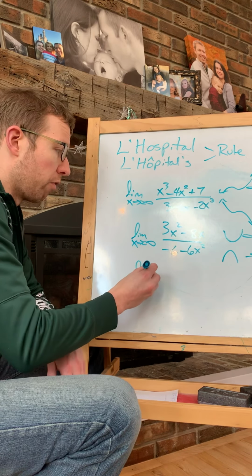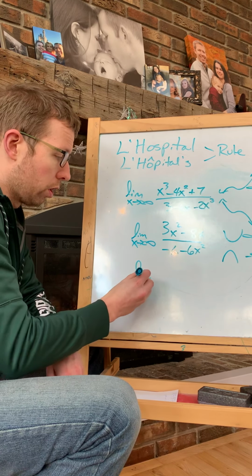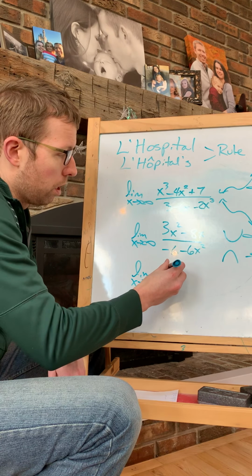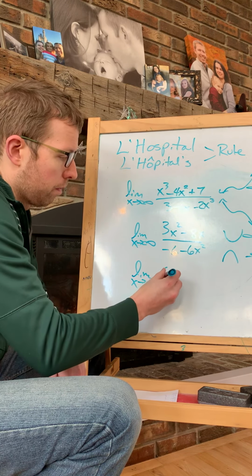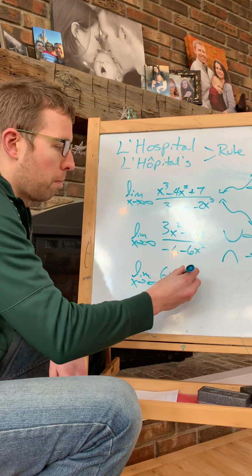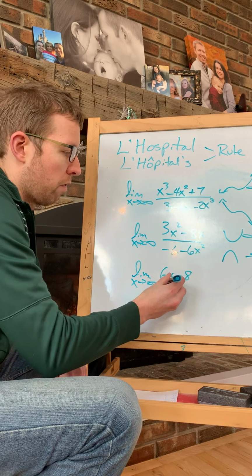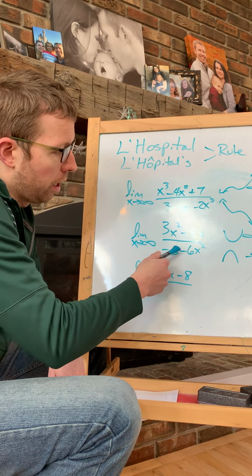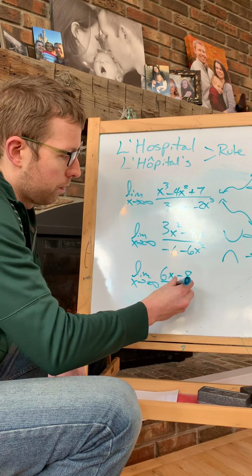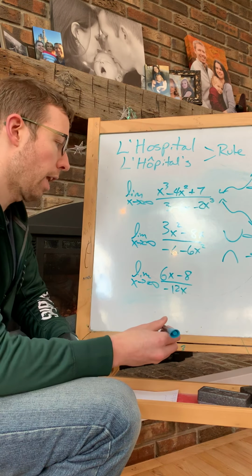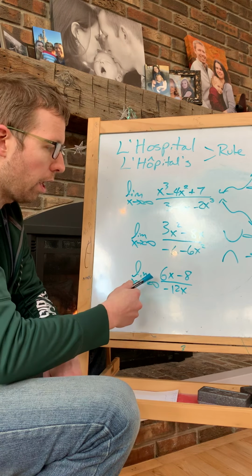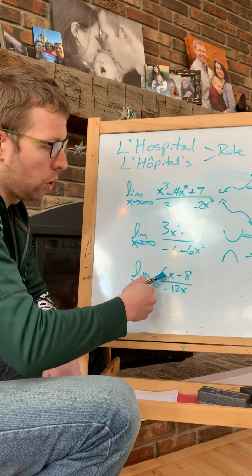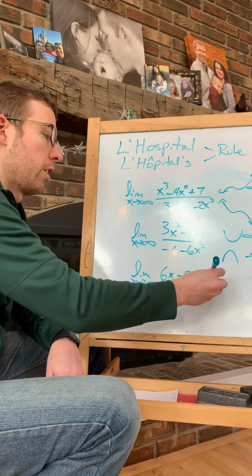The limit of this thing should equal, this is going to be 6x to the first power minus 8 divided by, down in the denominator, we're going to have negative 12x, like that. Now, if I plug in infinity into this thing, this would go onward towards positive infinity.